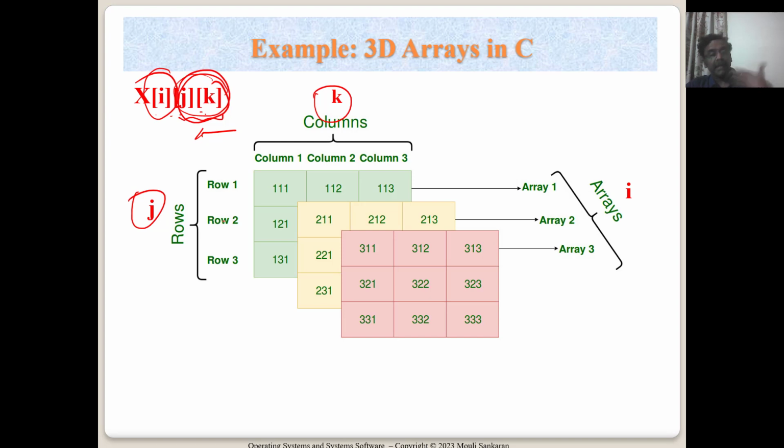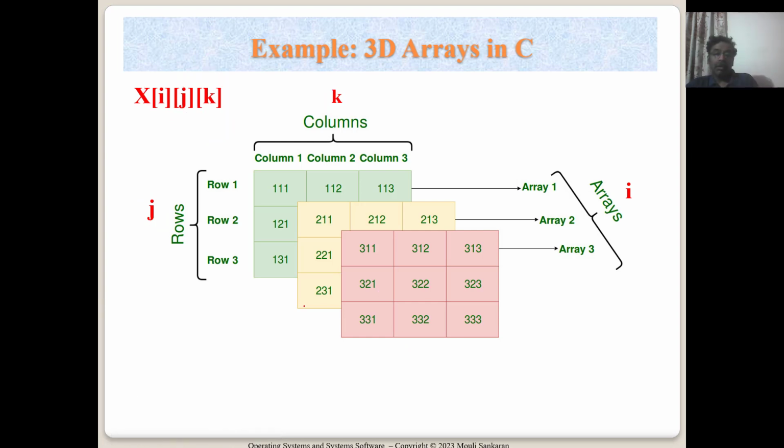That many planes will be there, and if you have one more dimension, you can imagine the whole thing is going to be repeated. Okay, a four-dimensional array. More complex arrays are used in Python than what you see in C programming, but the understanding is the same, because underneath Python, C is there. So this is how it is stored.